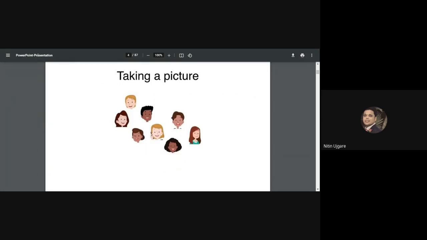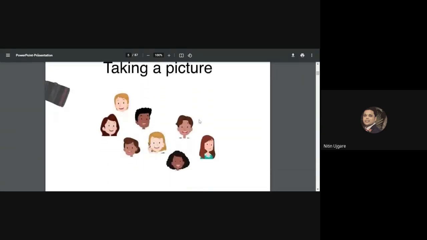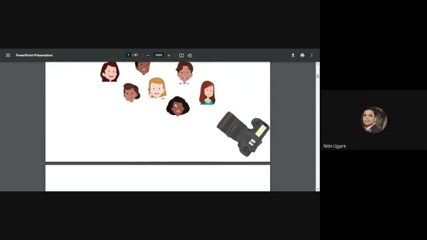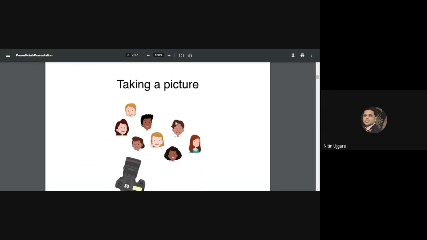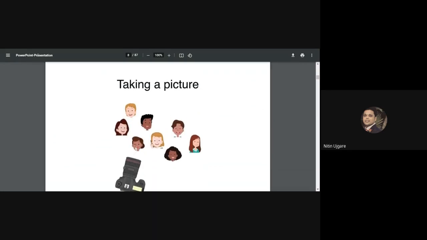It could be from this angle, this angle, or maybe this angle. So what is the ideal? You can see that this is the best angle to take the picture of the bunch of friends standing in this position. So this projection is best suited to take the picture.